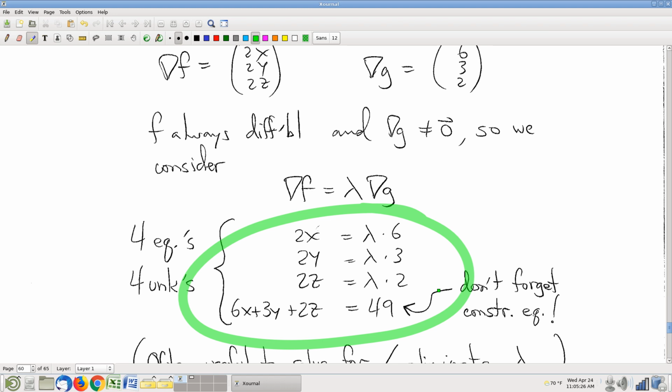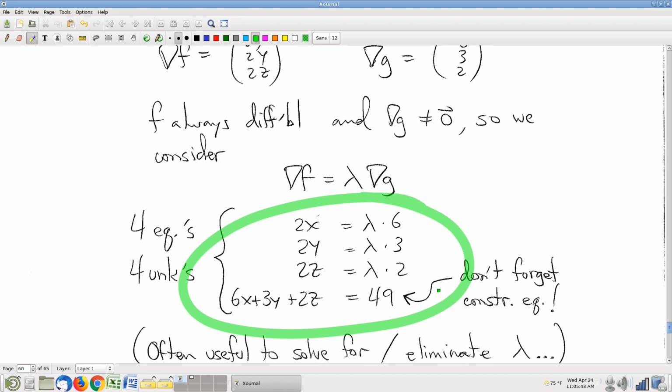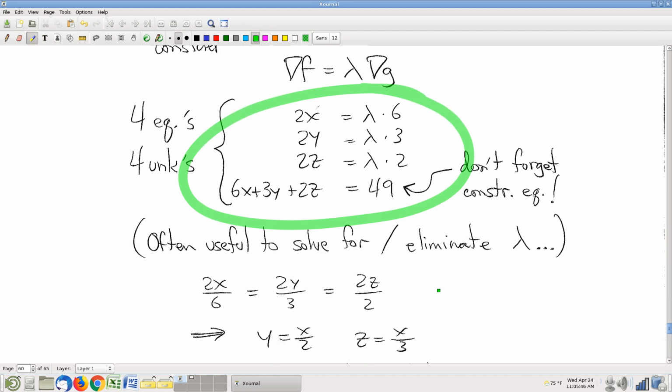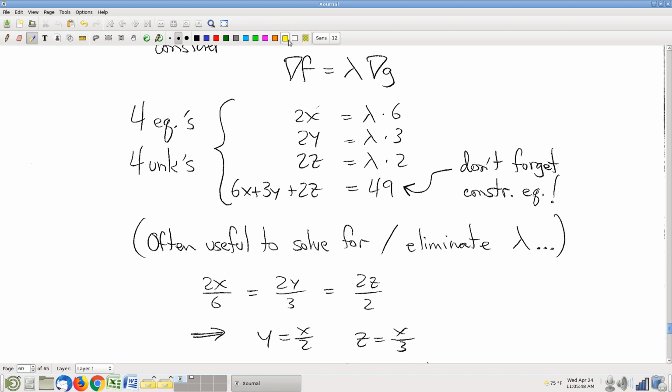Here's a little bit of good news. You might be looking at these 4 equations, 4 unknowns. It's a little bit scary. Right? It can be terribly, terribly intractable. We're not going to give you any that are that intractable. Okay. Usually, the way to do this is to do what we call eliminating lambda.